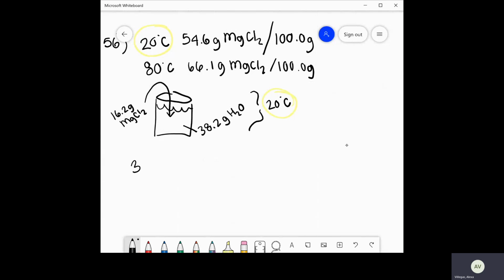So we start out with 38.2 grams of H2O. And now we use our conversion. We know that for every 100 grams of H2O, we can handle 54.6 grams of magnesium chloride.